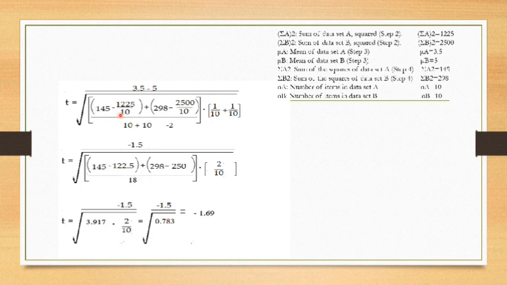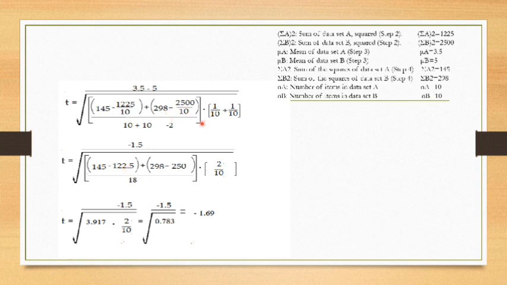Inside we have 145, the sum of the square of data set A. Then the 1,225 is the sum of data set A squared divided by 10. The 10 is the number of items in data set A, plus 298, the sum of the square of data set B, minus 25 squared divided by 10.